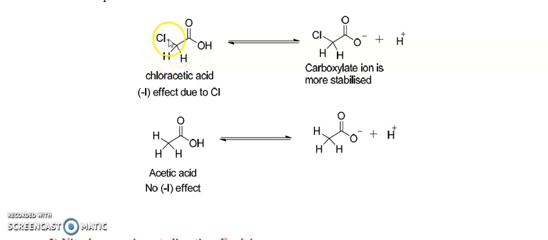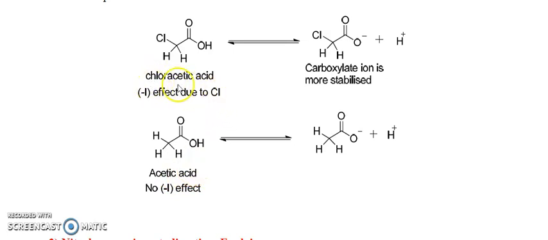So due to the presence of this electron withdrawing group, it will generate a minus I effect. The minus I effect is present in chloroacetic acid and there is no minus I or negative inductive effect present in acetic acid.